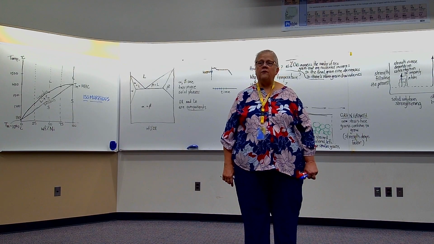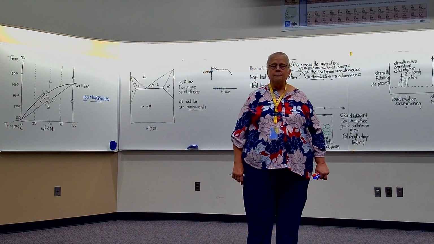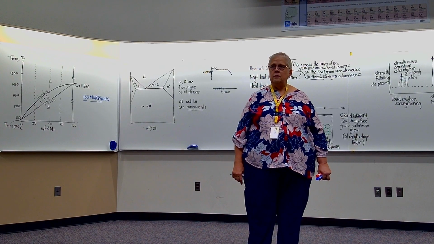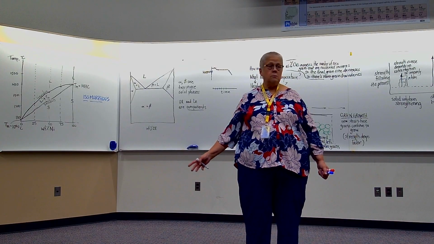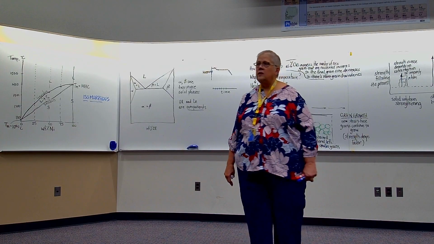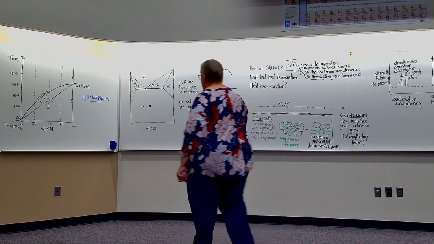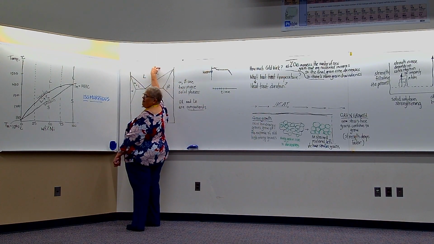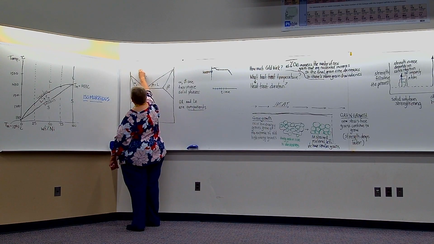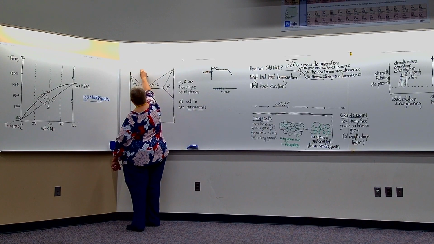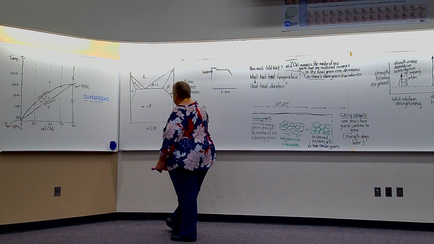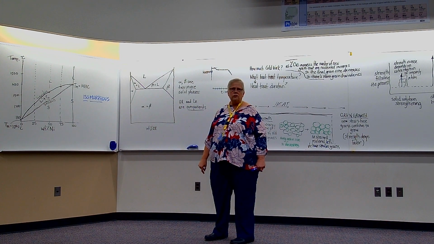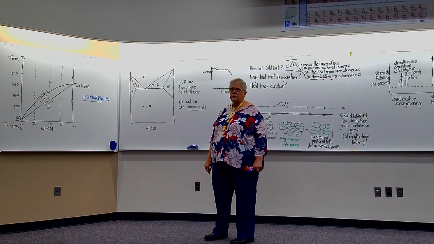If I said it's 50% Olivium by weight, that's different than saying it's 50% Olivium by atom, right? Sometimes you'll see a phase diagram that'll have up here on top the atomic percent, and it won't be linear. I just want to make a point that you have to use weight percent when you're describing the amount of a component. You can't just say percent.